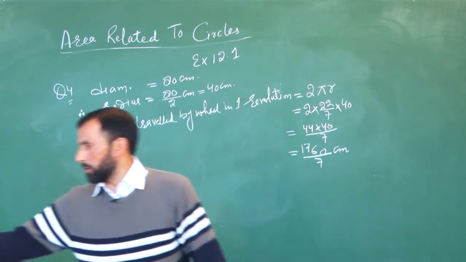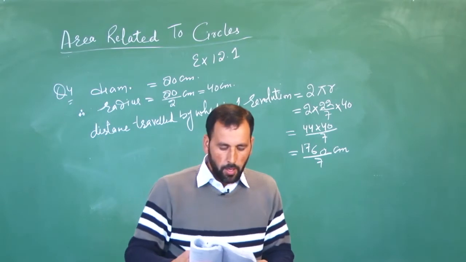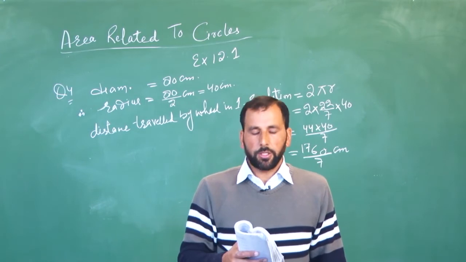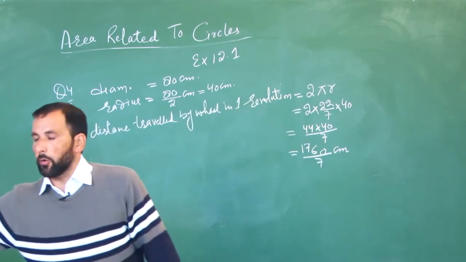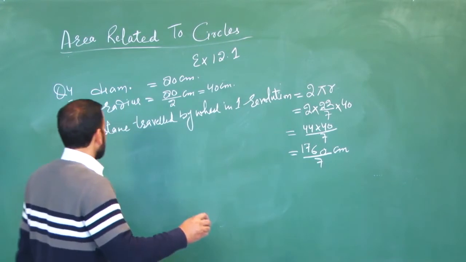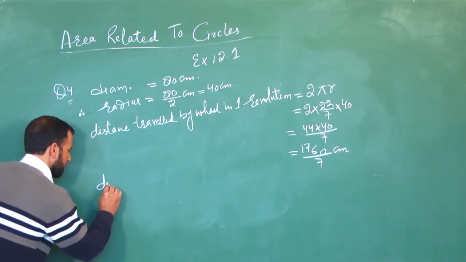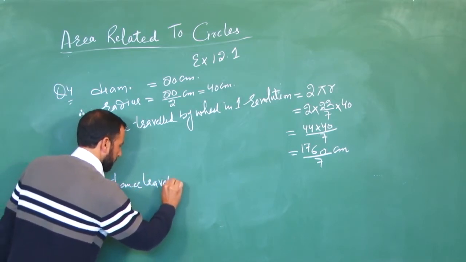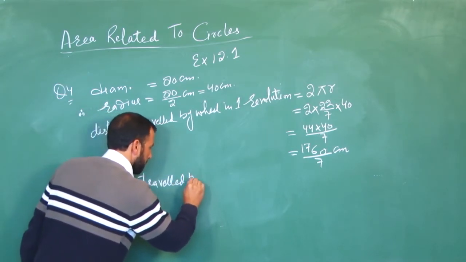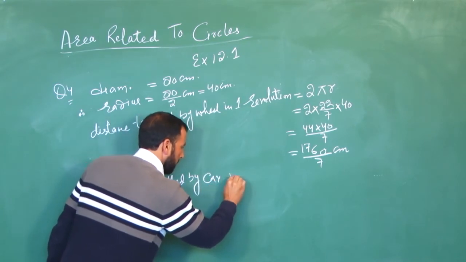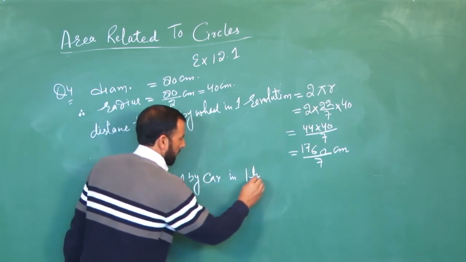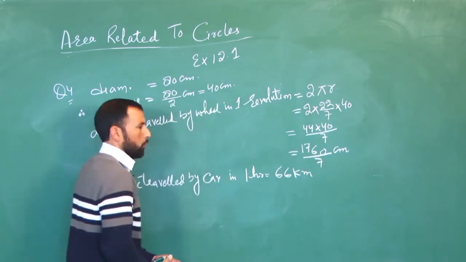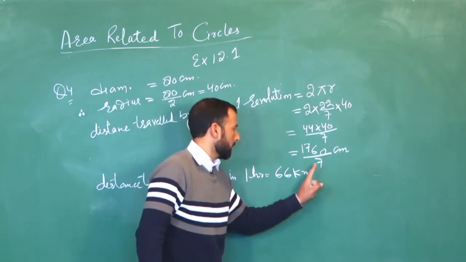Now the second part of this question is, when the car is traveling at a speed of 66 km per hour. So distance traveled by car in 1 hour is 66 km. But the unit here is centimeter, and this one is in kilometers.